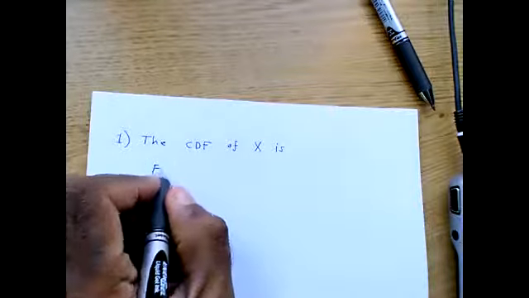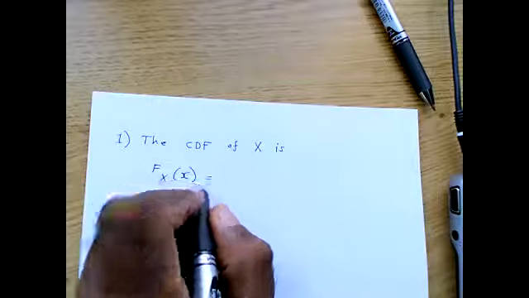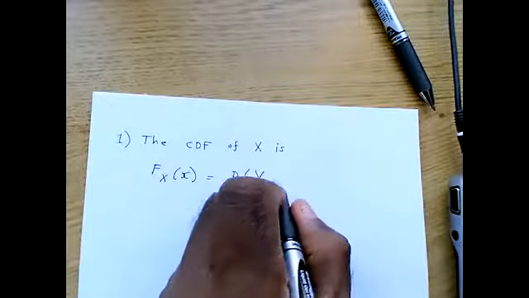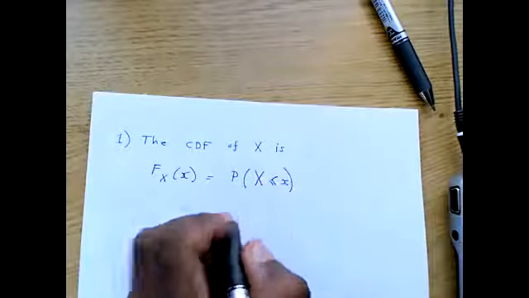So you're looking for the probability that capital X is less than or equal to little x, right?